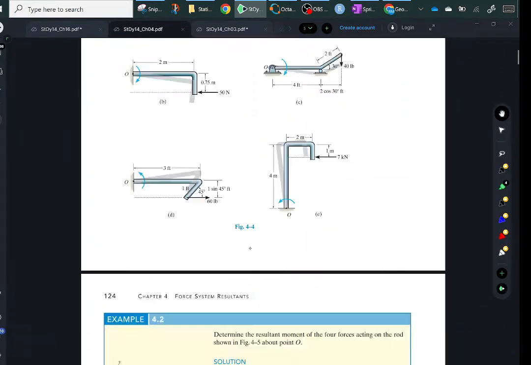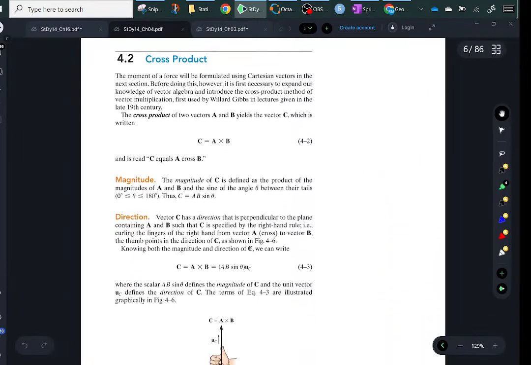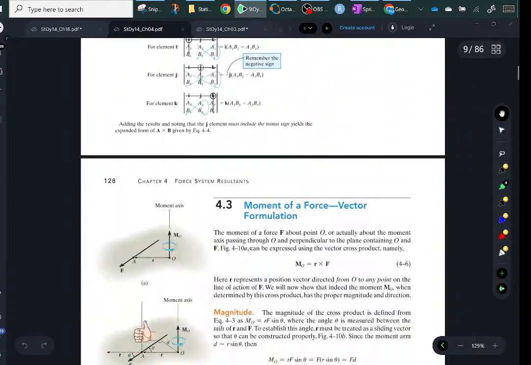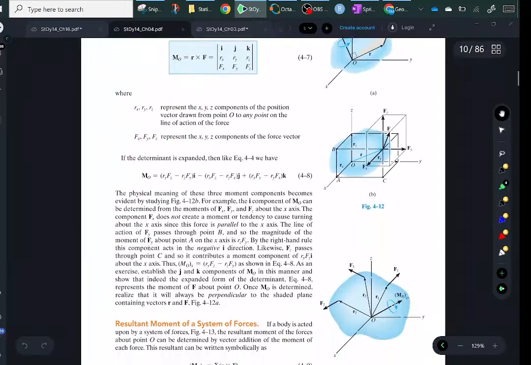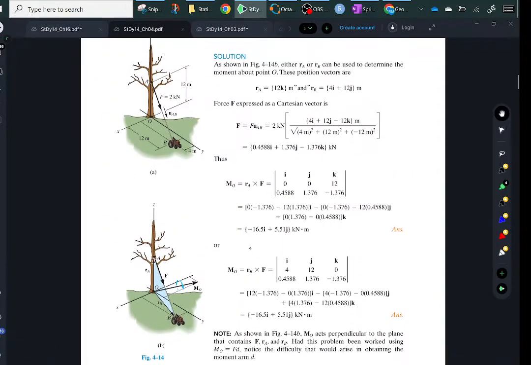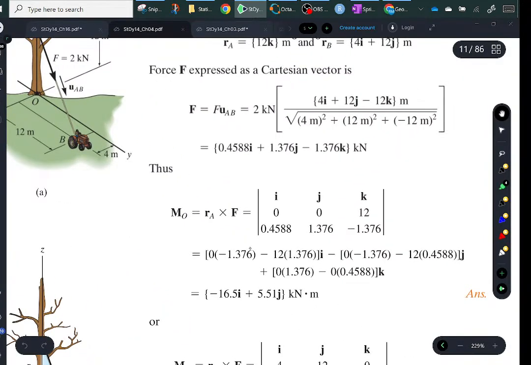So let's do a couple of these problems here. We talked about couples in the last lecture. We've already talked about cross products. We talked about transmissibility. Here's a couple of them. It's interesting because he does some with the matrices like this.